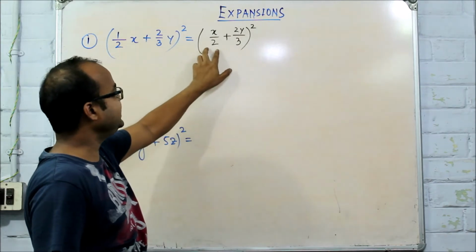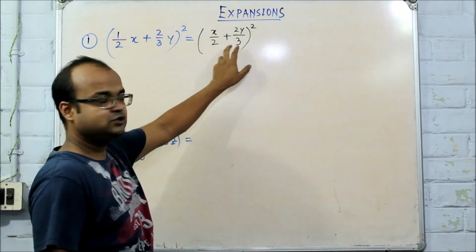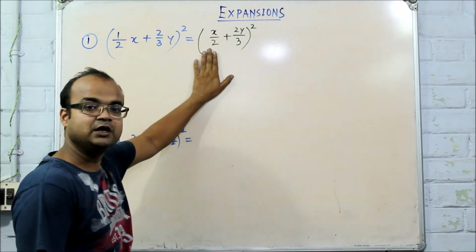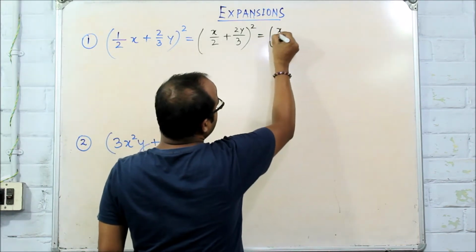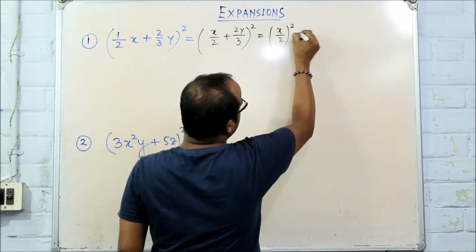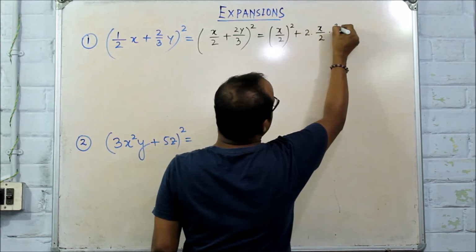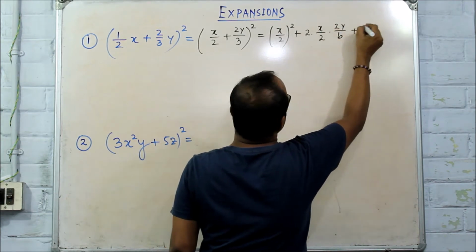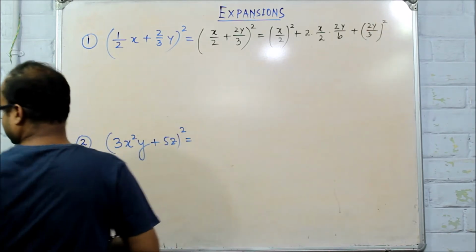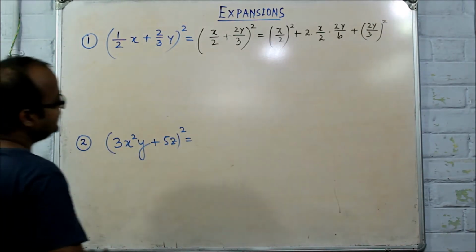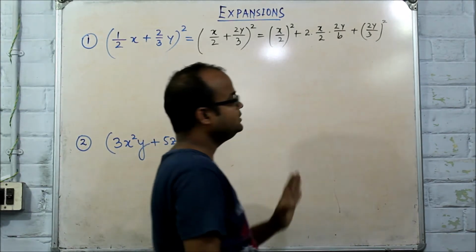If you consider a is equal to x by 2 and b is equal to 2y by 3, here we are going to apply the formula a plus b whole square, which is a square plus 2 into a into b plus b square. So we apply the formula a square plus 2ab plus b square.